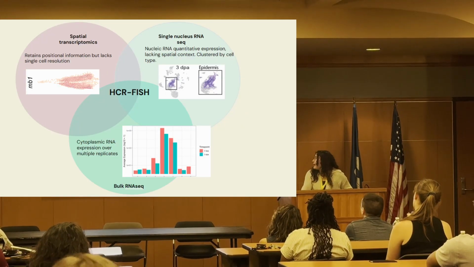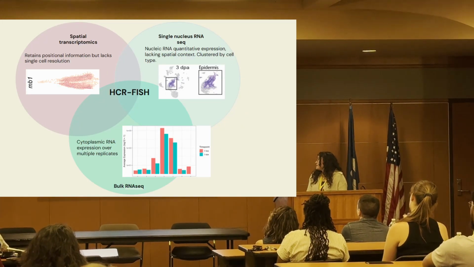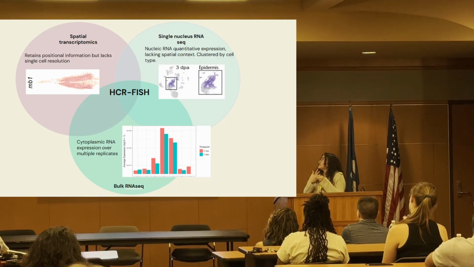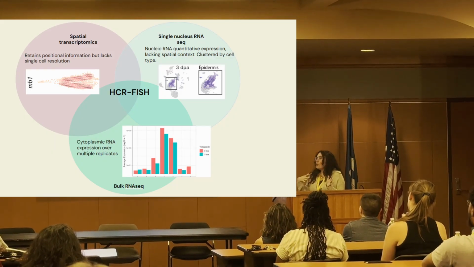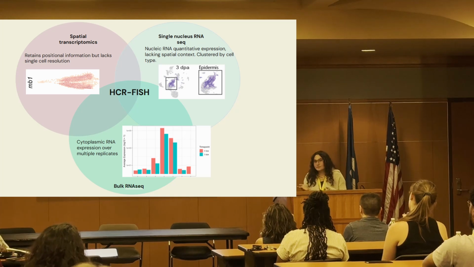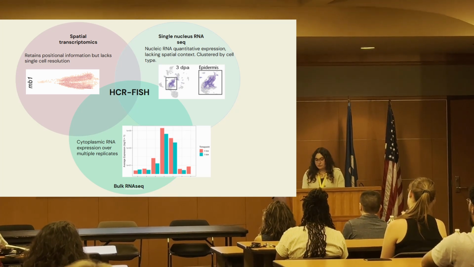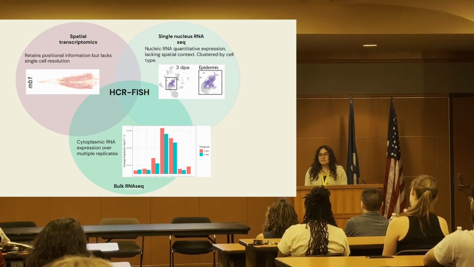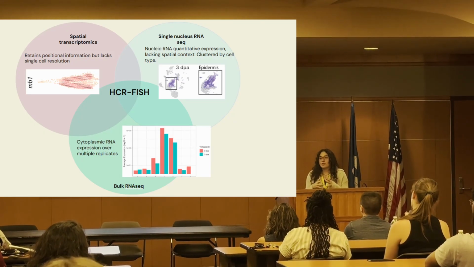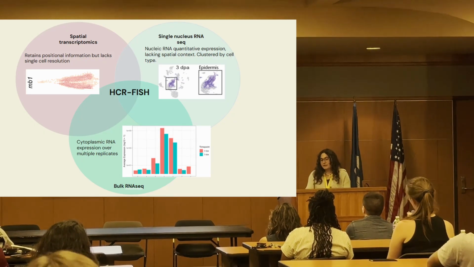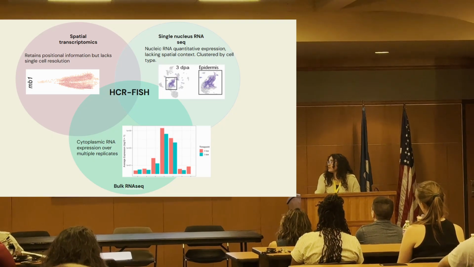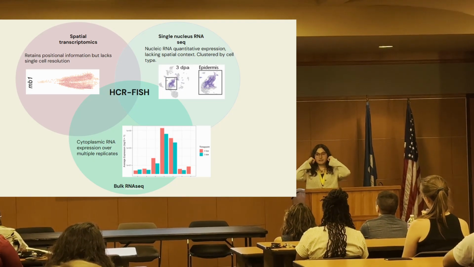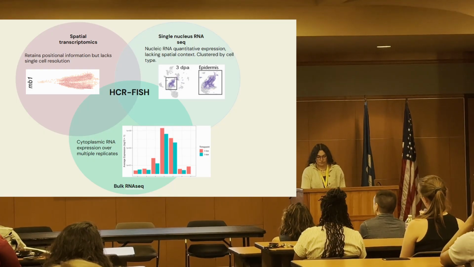And then we also have bulk RNA-seq, which can give you just a normal number of the cytoplasmic RNA expression over two regeneration time points, so either homeostasis or regeneration. And ultimately, we wanted to combine all of these methods to get a much more informative sense of what's going on with these myoglobin genes. So we're utilizing HCR FISH to do that, to really get a more specific technique to understand that expression fully.